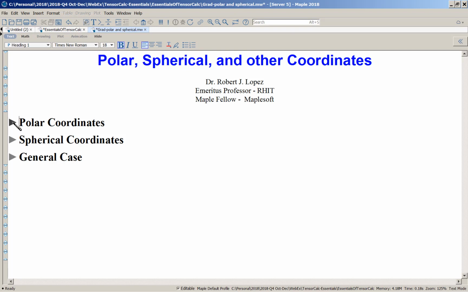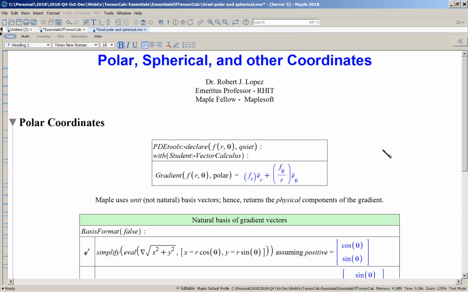Here's one in polar coordinates. And I'm going to use Maple. And here are some notational devices. And I'm going to use its vector calculus package. And I'm going to invoke the gradient command in the student vector calculus package.